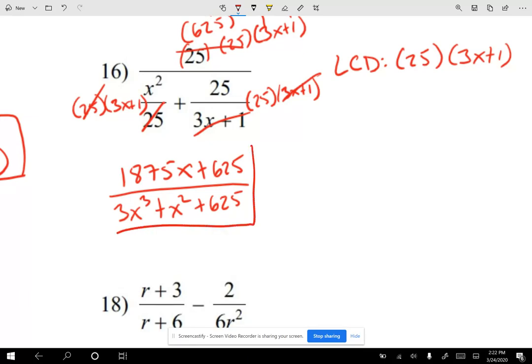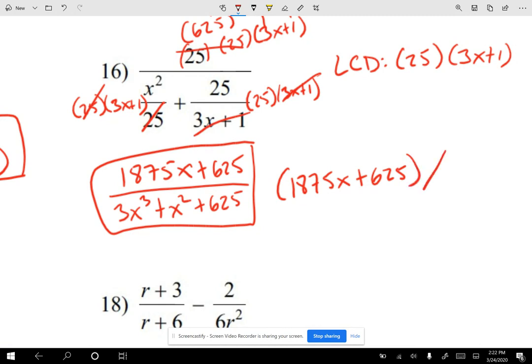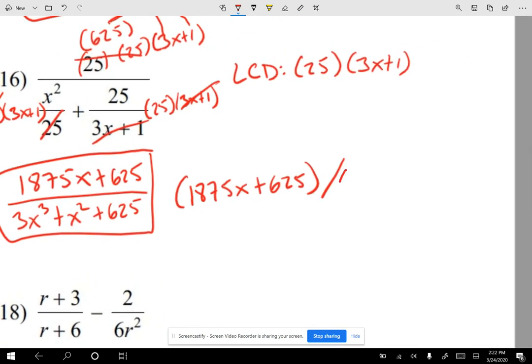That's my answer. Now the way I will type this, 1,875x plus 625 over 3x to the third plus x to the second plus 625.